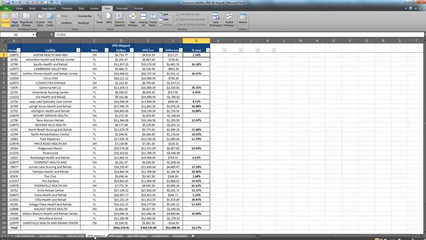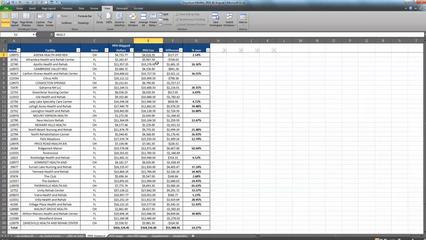Under the PPD variance tab, you will see the same information that we just looked at before. So your total PPD shipped, which was your cost of goods, totaled $4,733.77 in this example. Then the next column, you see your PPD fee, which, if you recall, is your PPD fee times your billable days.